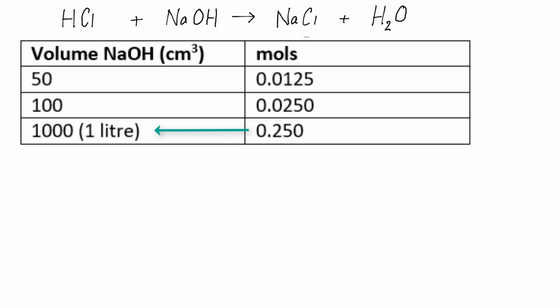Because if there is 0.0125 moles in 50 cubic centimetres, scale this up by ratio and proportion, that would mean there are 0.025 moles in 100 cubic centimetres, and therefore 0.25 moles in 1000 cubic centimetres, making a concentration of 0.25 moles per litre. So by ratio and proportion, you have worked out the concentration of sodium hydroxide in moles per litre.